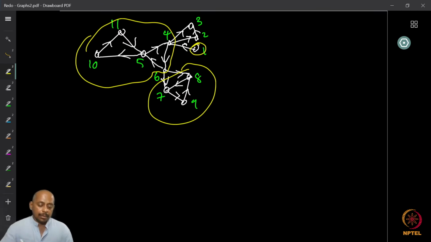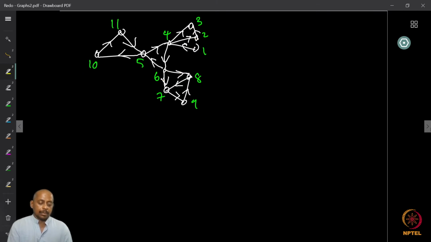And then 2 by itself is a component, because 2 to 3 I can go, but I cannot go back from 3 to 2. And 3 again is itself a component, I cannot go anywhere from 3. So we have these strongly connected components, 1, 2, 3, 4, 5 of them.